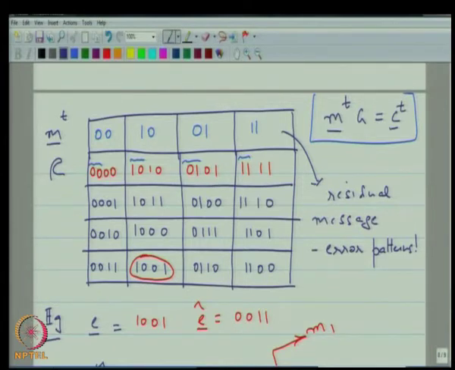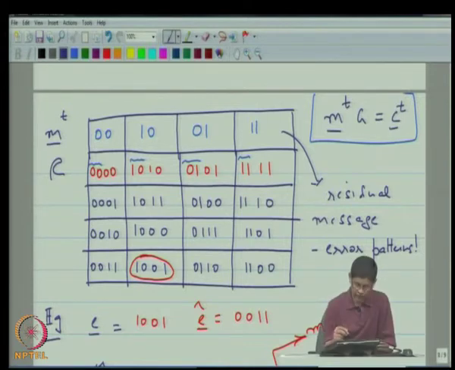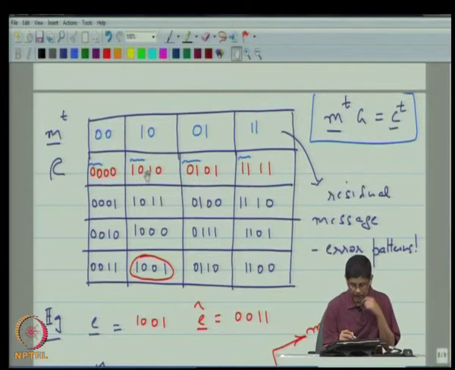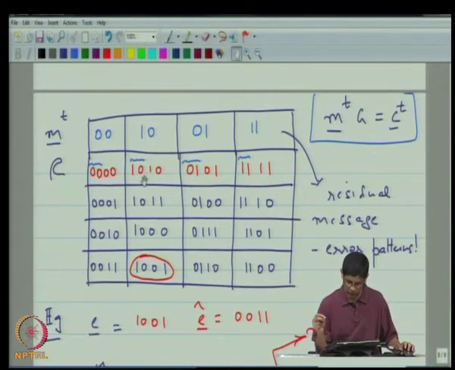If I want to know the probability that M1 is an error but not M2, then you can see that the only error patterns for which that is true are precisely those which correspond to these columns, because here there is no error in either message symbol, here there is no error in the first, there is an error in the second, here there is an error in both. So, this is precisely the set of all error patterns for which the first message symbol is decoded erroneously and the second is not. Okay.